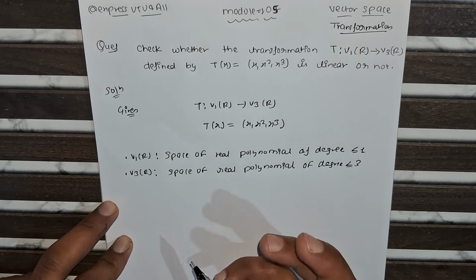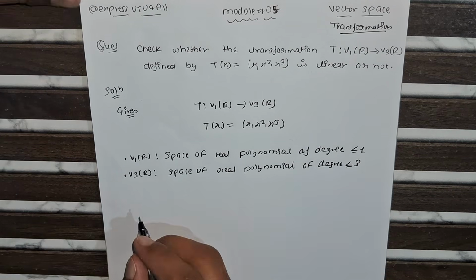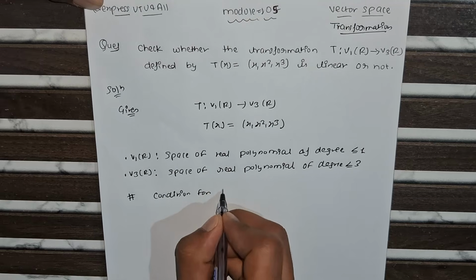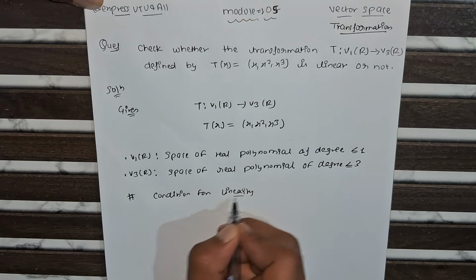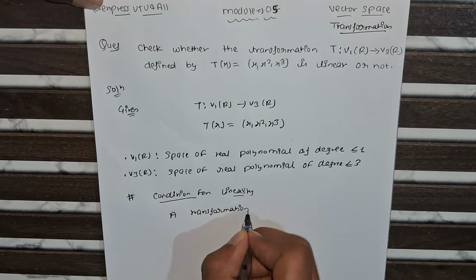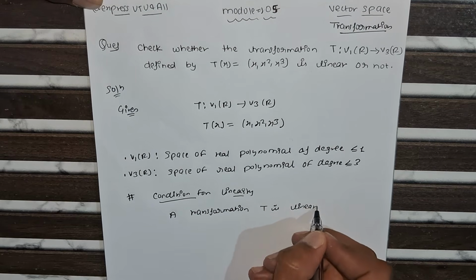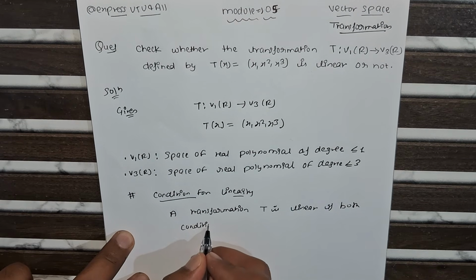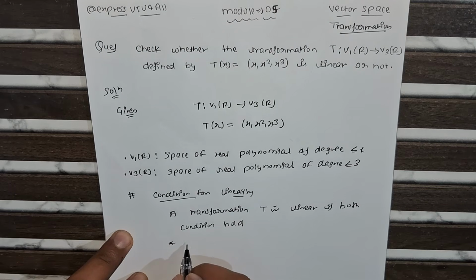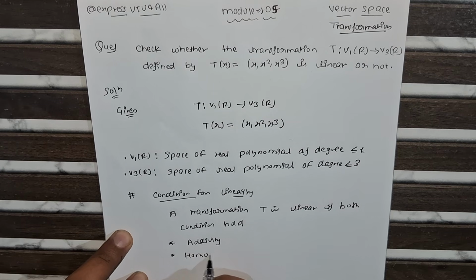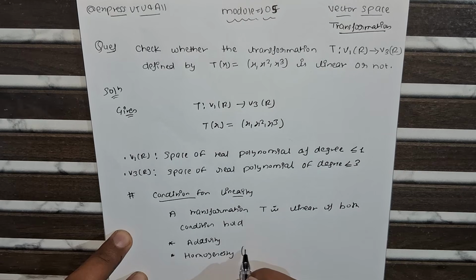The first one is additivity and the second one is homogeneity, which means scalar multiplication.